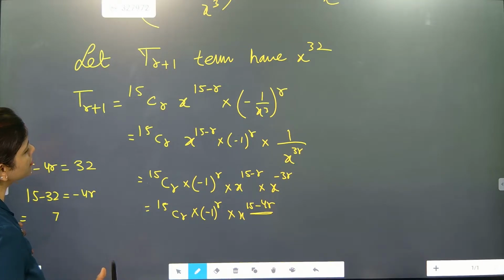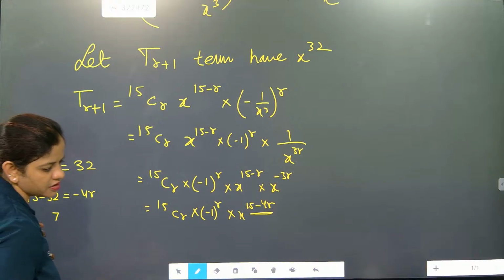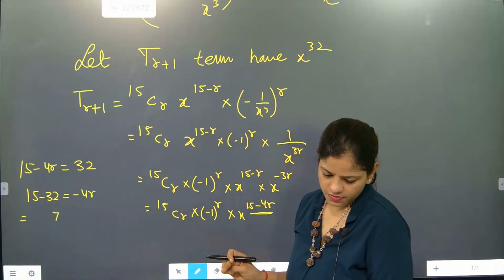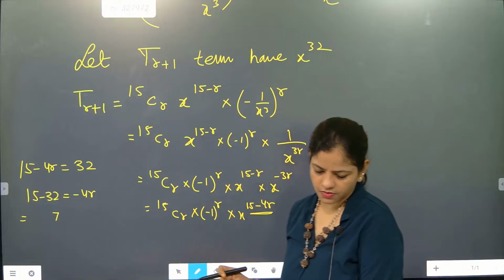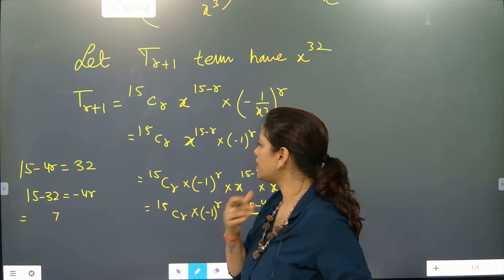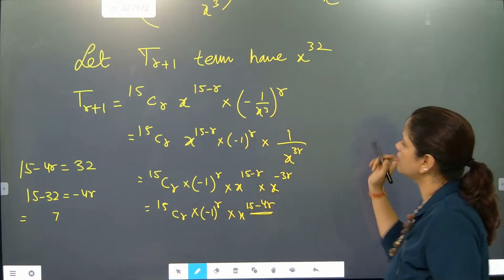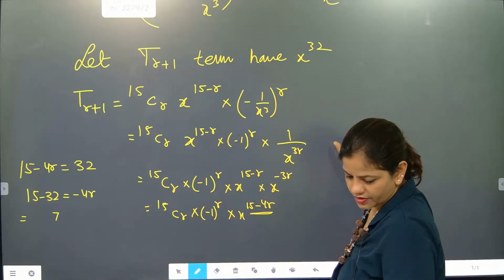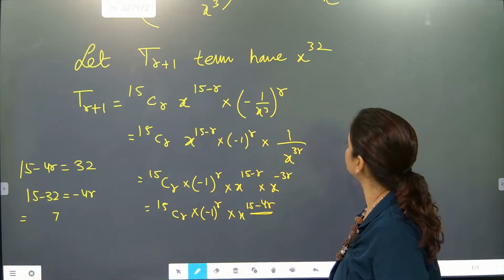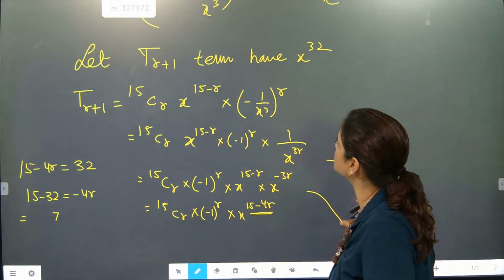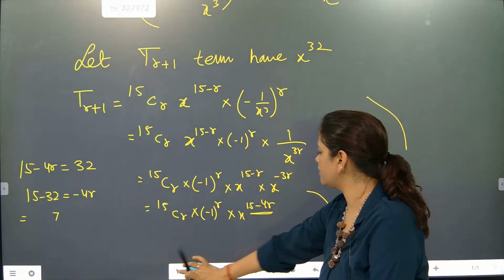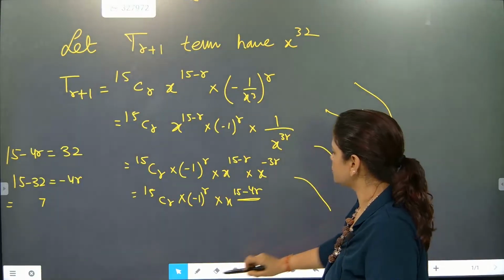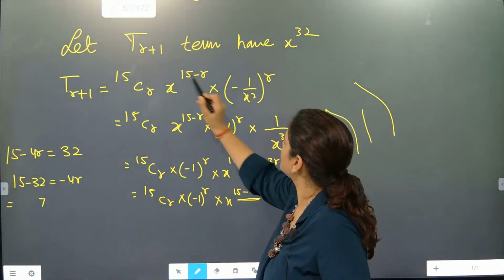32nd term only we are asking now. Is there any 32nd term or not? Check this part better. In the question, what I have done is x to the power 4, so here it will be x to the power 4.